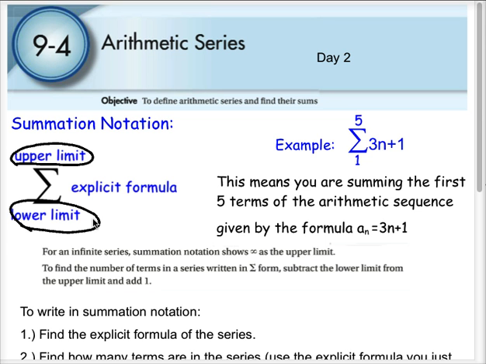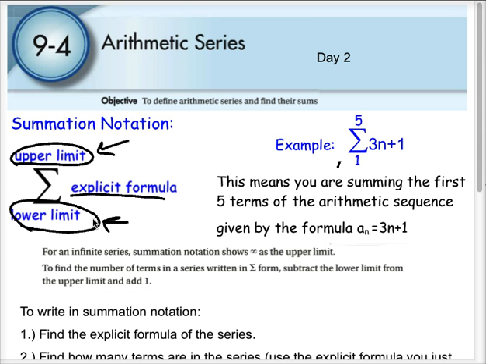So basically that's your n values: what is the first position that you're looking at, and the final position that you're looking at, and then the explicit formula. Both of these are n values, tracking what positions in the sequence you're talking about, compared to the explicit formula.